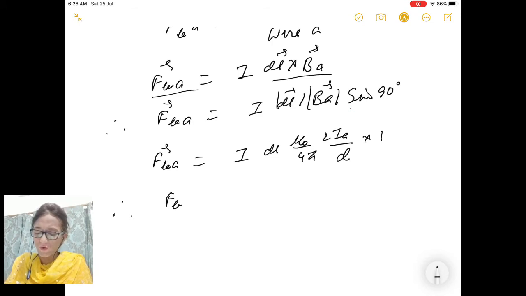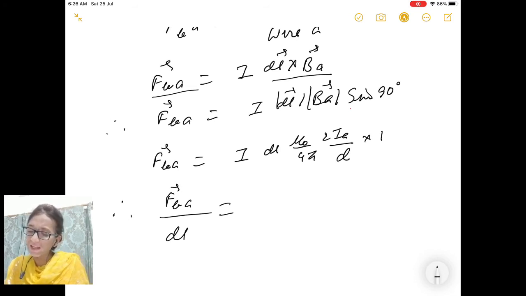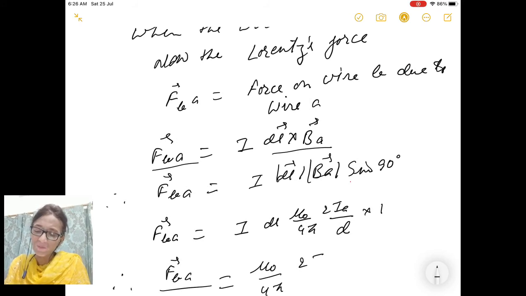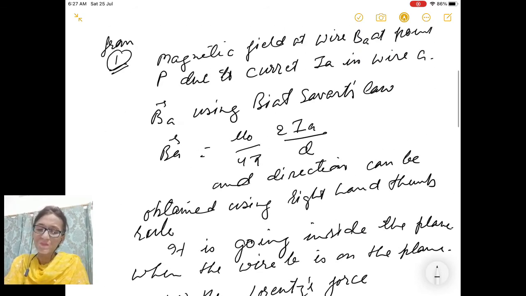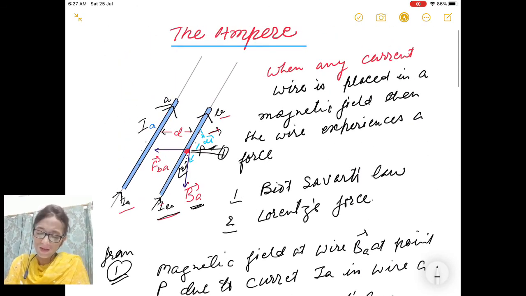Therefore, the force on B due to A per unit length, if you divide by length, you will obtain, is equal to mu naught upon 4 pi 2, and this I. Okay, one more thing. Here the current flowing in wire B should be taken as IB.